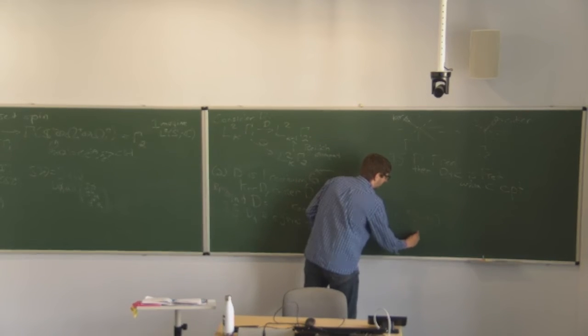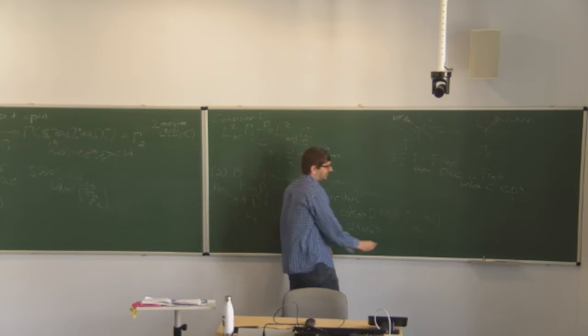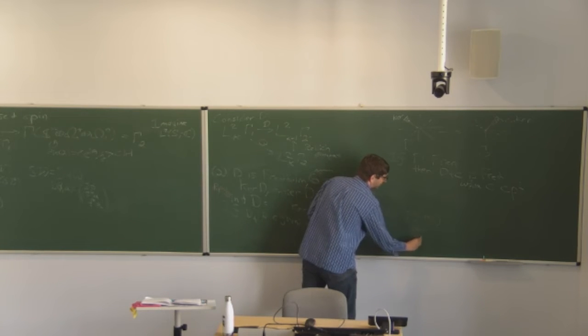So you define the sum of two representations by V plus W, and the tensor product is V times W.